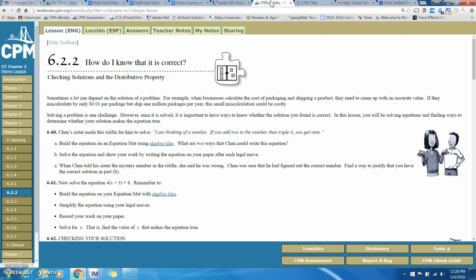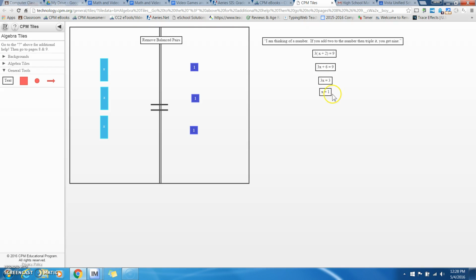Now the next thing is, when Chen told his sister the missing number in the riddle, she said he was wrong. When Chen was sure that he had figured out the correct number, find a way you can justify that solution in part 1. Well, it's real simple. To figure that out, let's just substitute. We figured out x equals 1. If we substitute 1 for x, replacing this x with a 1, you can see we can solve this.